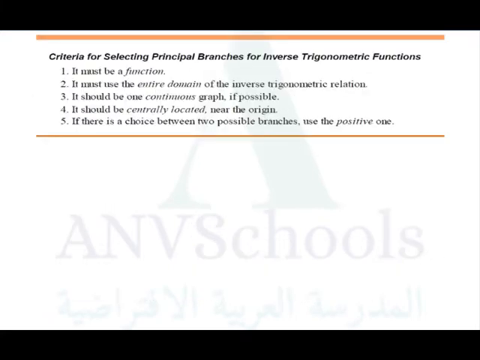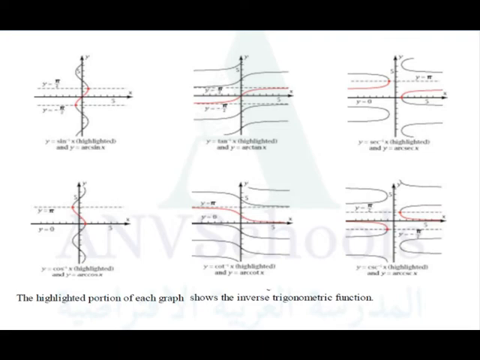Okay, next, it should be one continuous graph, if possible. It should be one continuous graph. Now this graph is continuous. It doesn't have any break. It doesn't take into account the asymptotes. Okay, these are the asymptotes. So this is one continuous graph. And at the same time, look at these graphs here. This also is continuous.